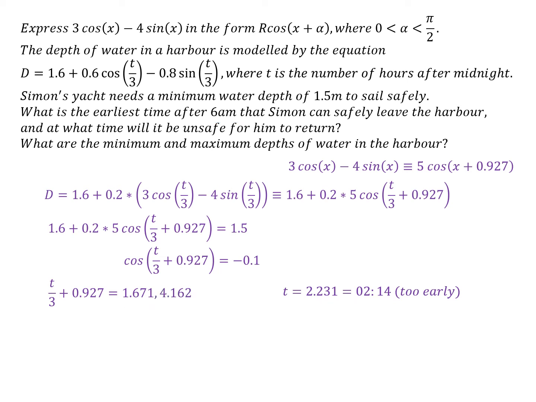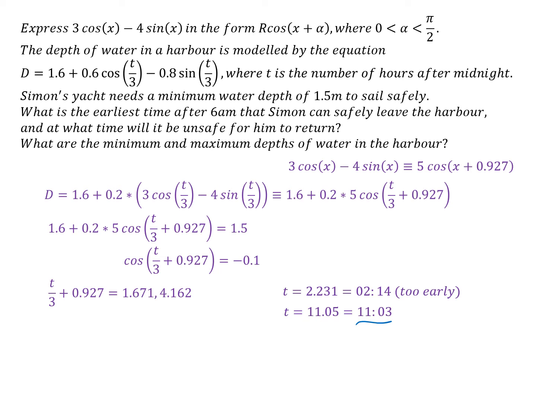So the second possibility is that t over 3 plus 0.927 is 4.162. And that would give us a value of t of 11.05. In other words, 3 minutes past 11 in the morning. So that's a possible time.